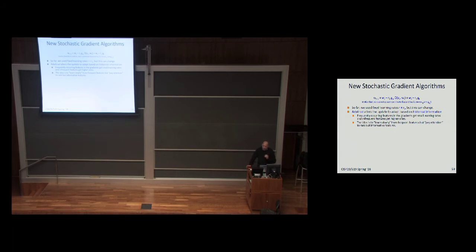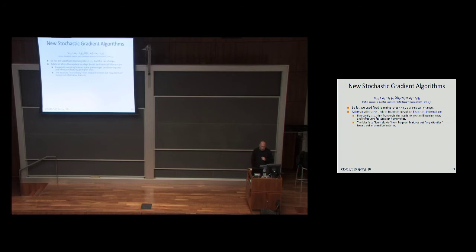Basically the intuition is that if you have features that happen a lot and change all the time, so the gradient is always active, you want to pay less attention to them. If you have features that are infrequent, you want to listen to them when they change.